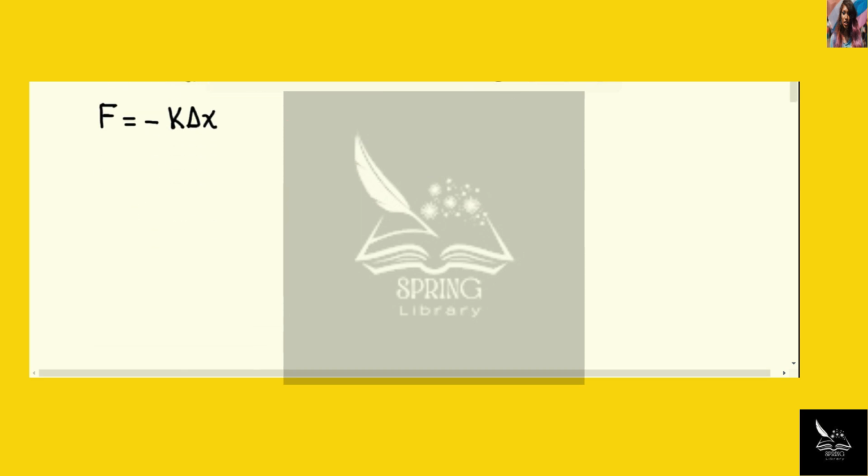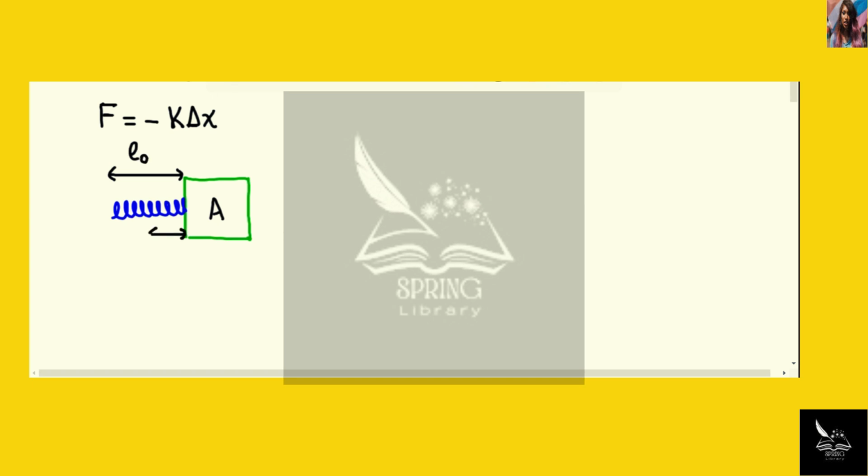Now let's draw the free body diagram for A and B. So for block A, here's block A. This is the spring that has a length L0.